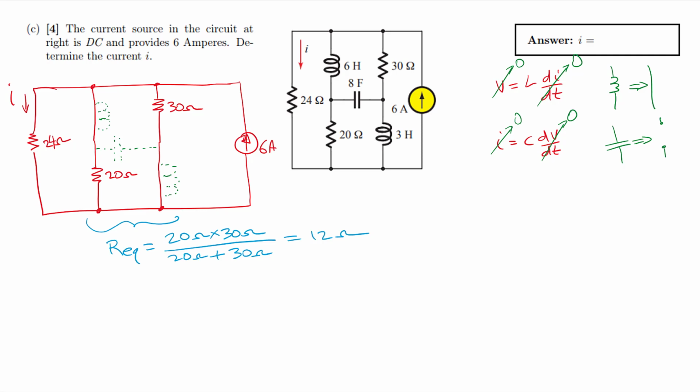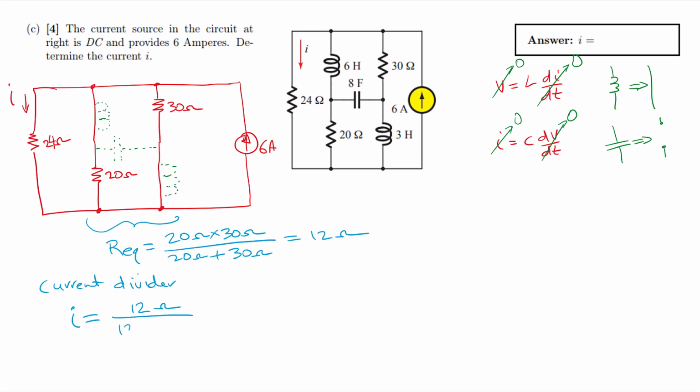So then let's use the current divider, and that is that I. Now when we use the current divider, we use the resistance of the other branch that we're considering, so we have to use the 12 ohms.